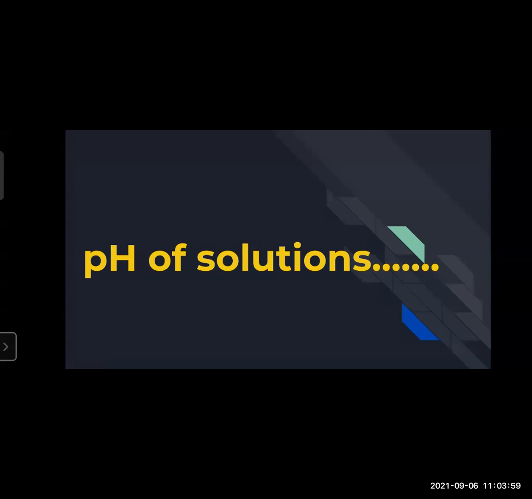Different solutions we have, different things we use, different substances which are made up of matter. The things which we use are made up of matter, and that is why they have a particular shape. And all different substances have taste also. And one important concept behind that is the pH of solutions.